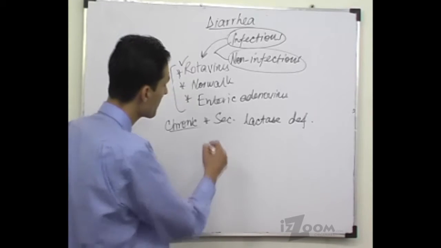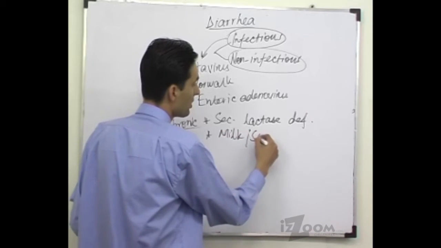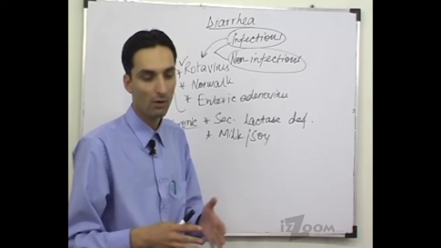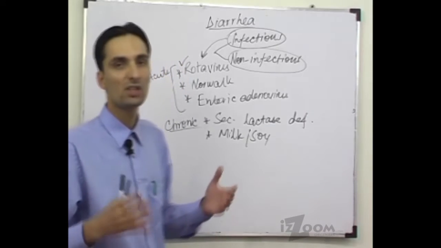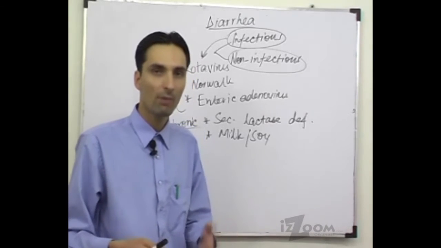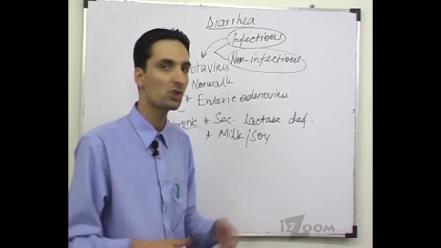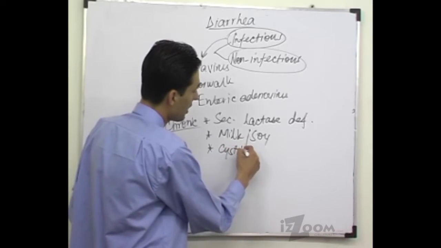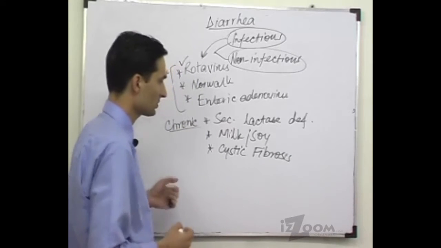Chronic diarrhea in infancy can also occur due to milk intolerance or soy intolerance. In addition, celiac disease and inflammatory bowel disease can be causes of diarrhea in infants, and cystic fibrosis is also an important cause of chronic diarrhea in infants.